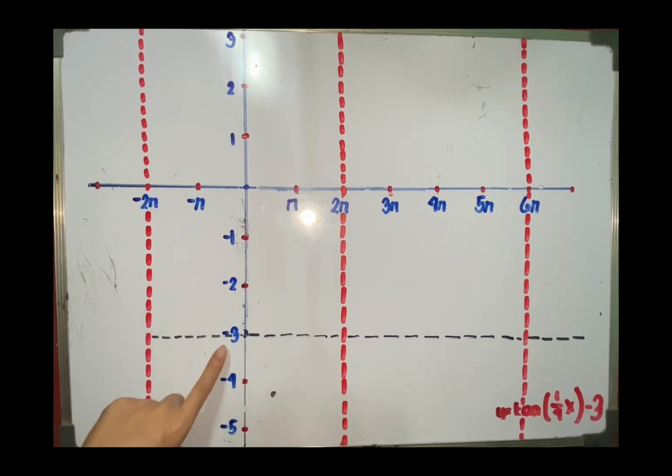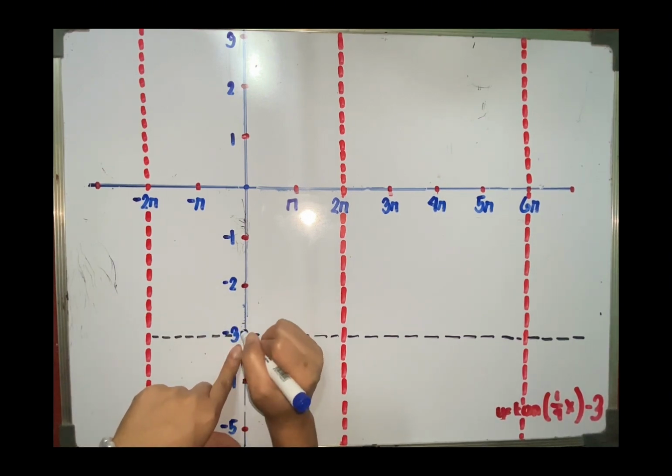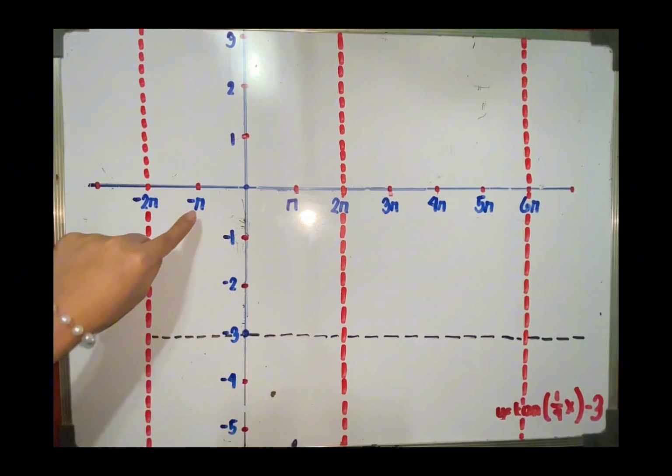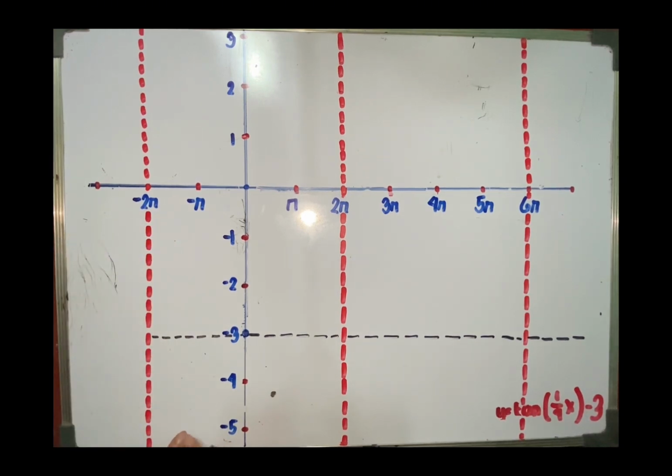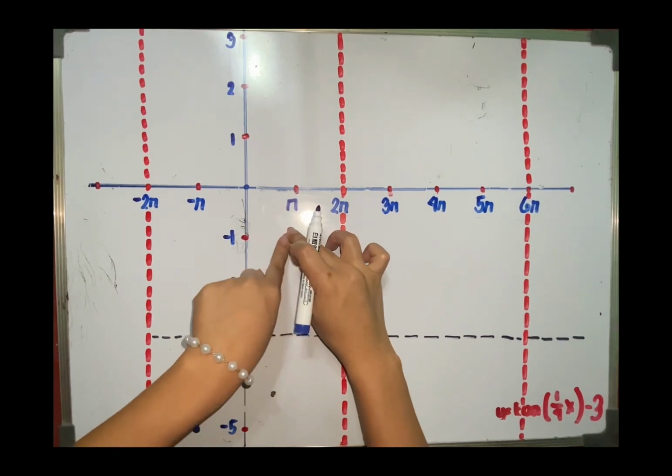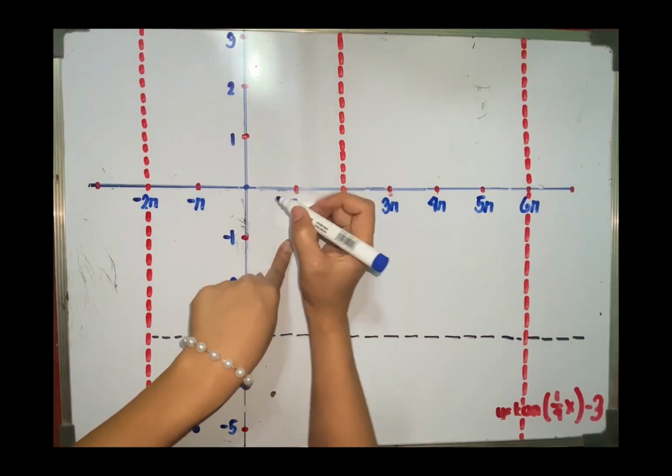And now let's mark for graphing. We have 0 to negative 3. We also have negative pi to negative 5 to mark it. And also in our pi, we have pi and negative 1.